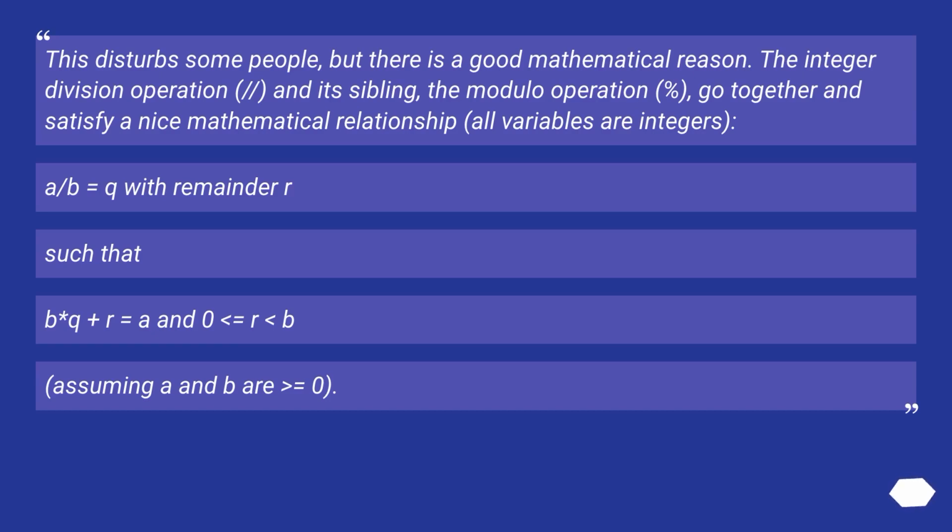The integer division operation, //, and its sibling, the modulo operation, %, go together and satisfy a nice mathematical relationship. All variables are integers. A/B = Q with remainder R, such that B*Q + R = A, and 0 <= R < B, assuming A and B are >= 0.